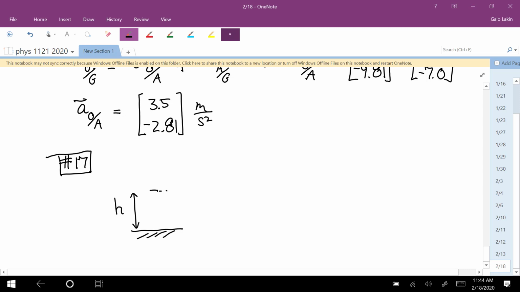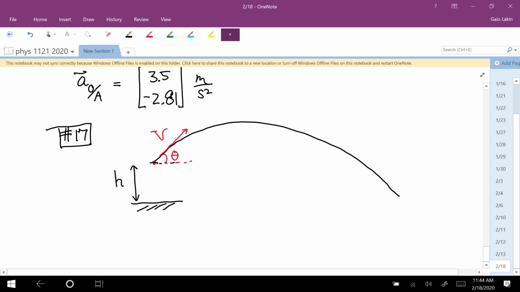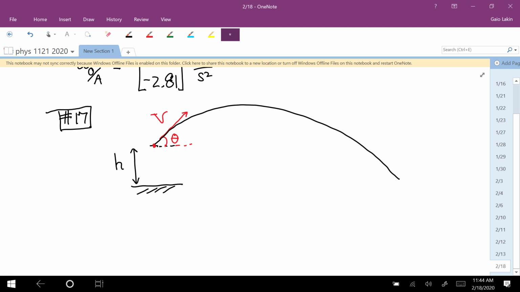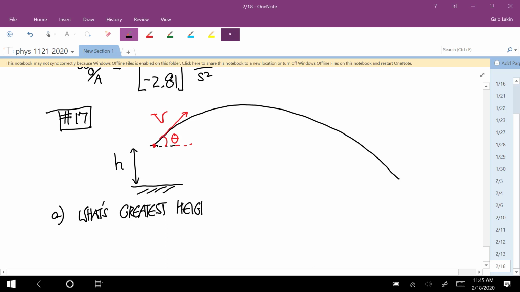And the object is launched this way, where this angle is theta, and the initial speed is capital V. And we want to calculate the greatest height. And how long it takes to hit the ground.